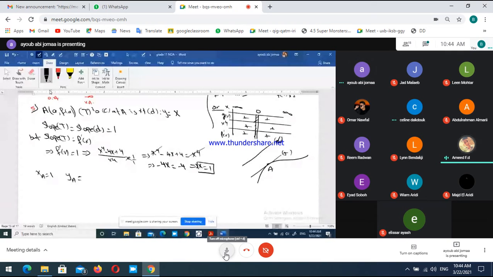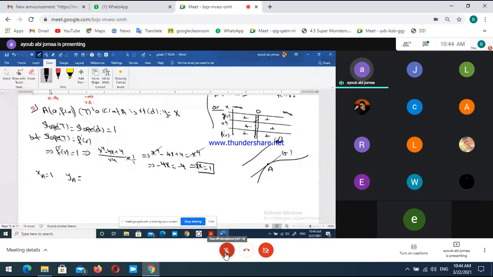We would replace it in the equation of line T, but we don't have the equation of line T. But you replace it in the function f, because this point belongs to the curve of f.